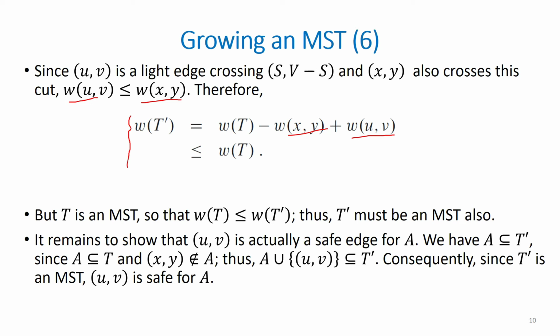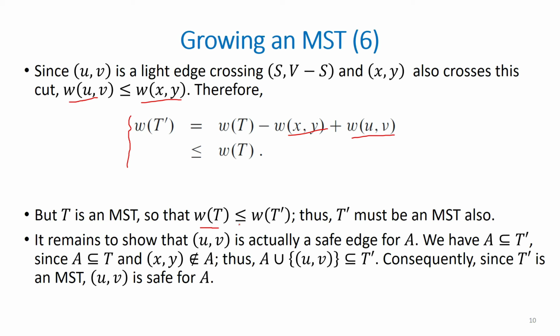But we assumed in the very beginning that T is an MST and there cannot be a spanning tree with total weight less than T. Therefore, the weight of the spanning tree T should be equal to the weight of the spanning tree T prime, which implies that T prime is an MST as well.